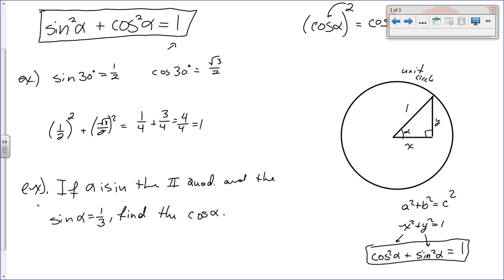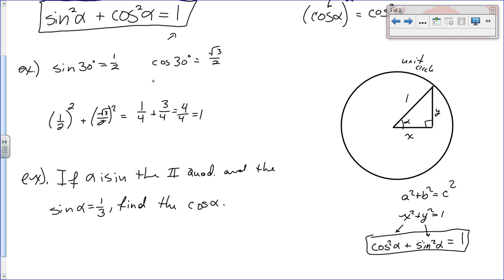So now what we have to do is plug in. We know the sine of alpha is 1/3, so it's going to be 1/3 squared plus cosine squared alpha equals 1.